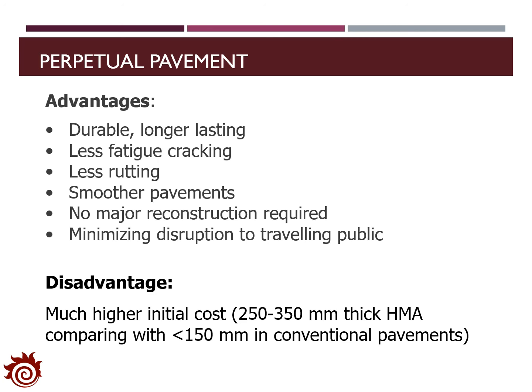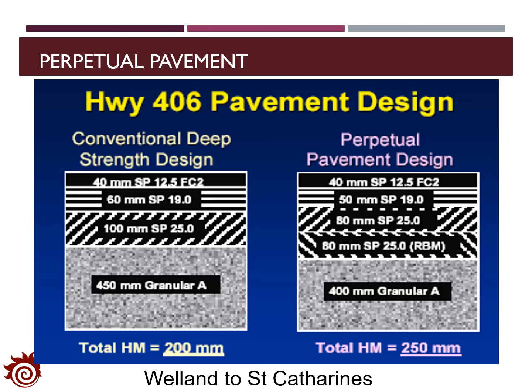In Ontario, the Ministry of Transportation (MTO) constructed its first perpetual pavement in 2007. The pavement is applied on Highway 406, and a trial section is applied with the perpetual pavement, and a control section is also designed with the conventional deep strength pavement.